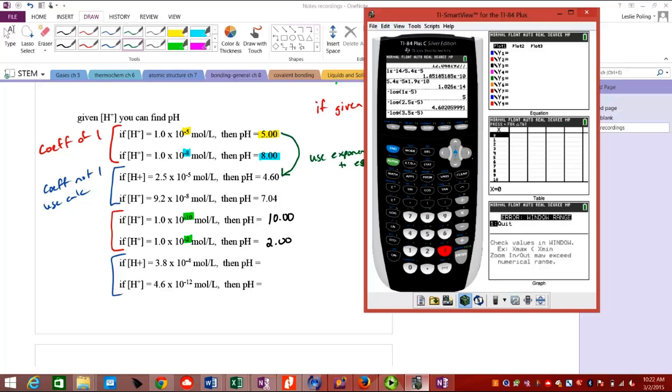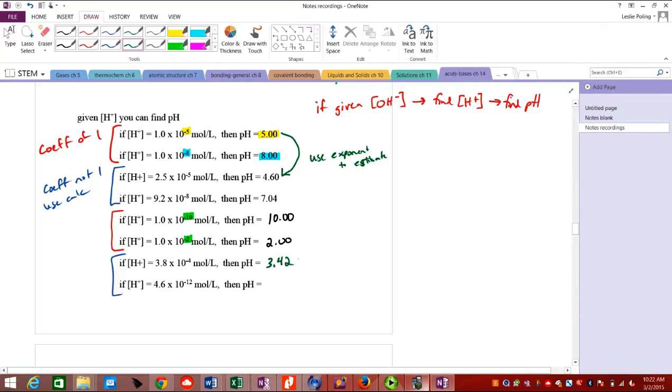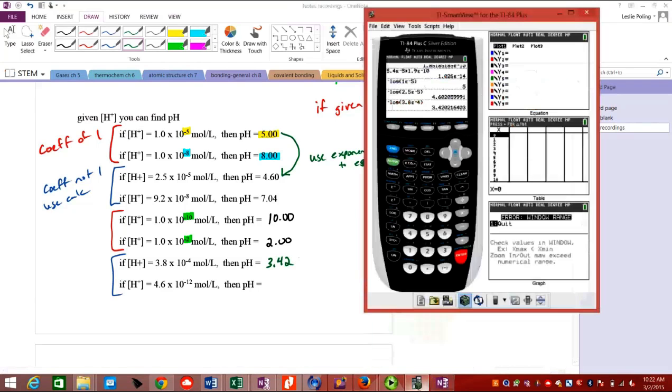So we have 3.8 times 10 to the minus 4. That gives us 3.42, a little less than 4. And then we have our last one here, 4.6 times 10 to the minus 12, so we can predict that it's going to be a little less than 12, so 11 point something. It is indeed 11.34.